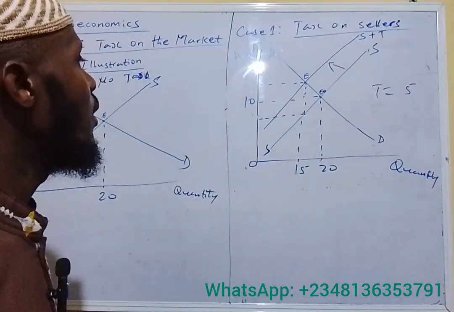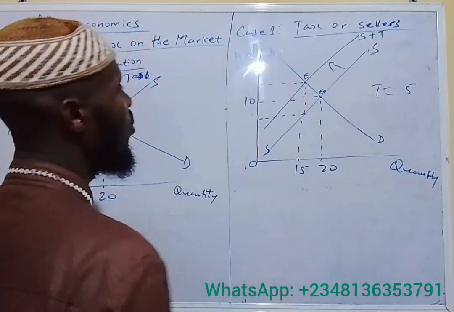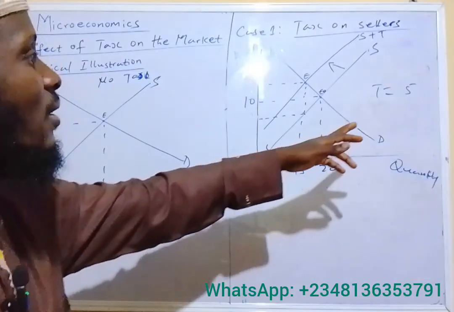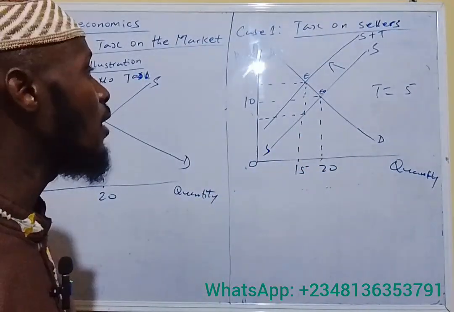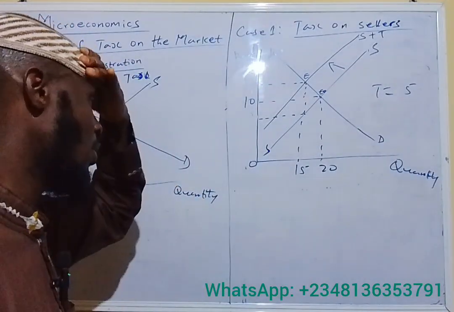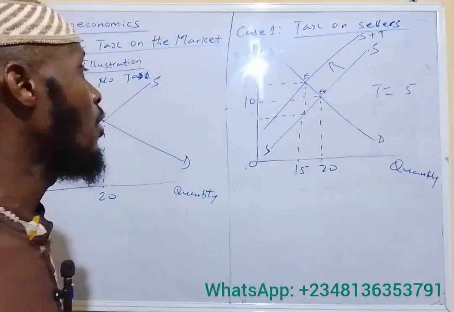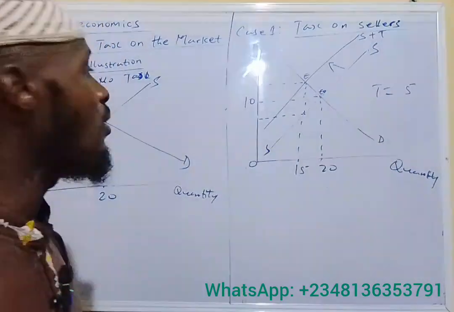So the sellers cannot just add 5 naira to 10 naira and sell the product at 15 naira, because the sellers know that the buyers might run away from the product. People respond to an increase in price by reducing the quantity they buy.